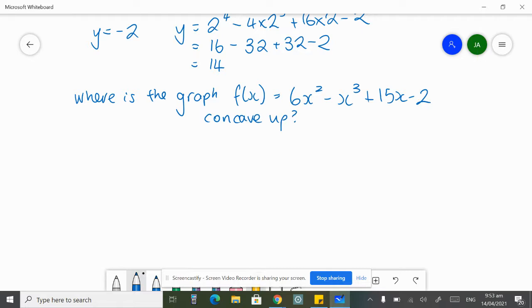Okay, so to do that, we need to find f double dash of x.